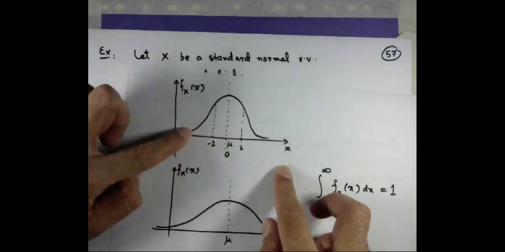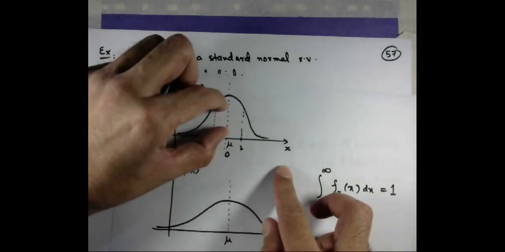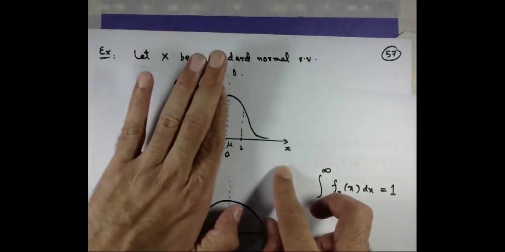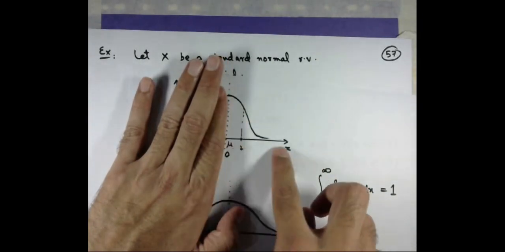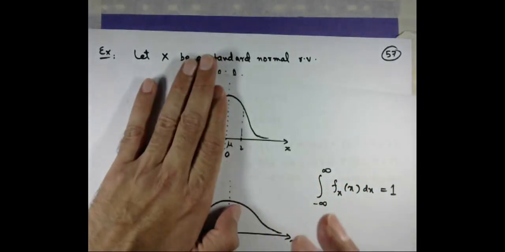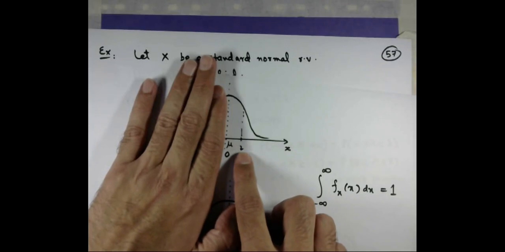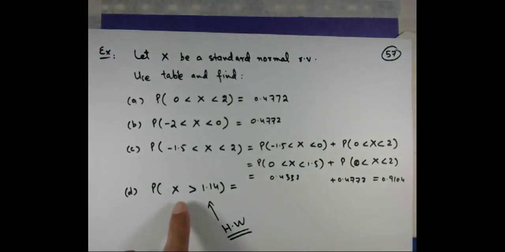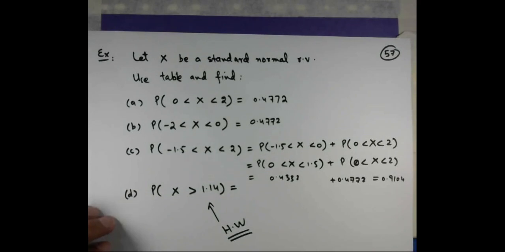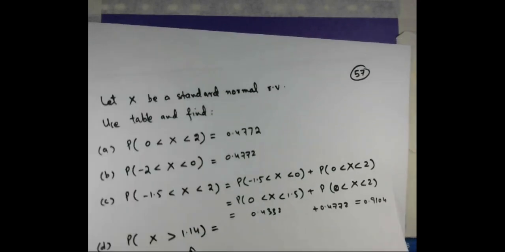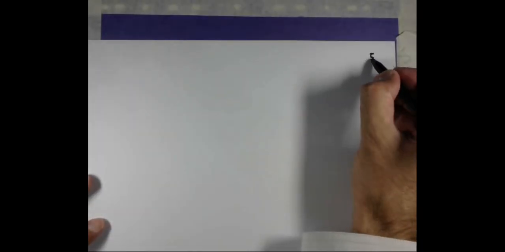You have to utilize this part of the probability distribution, which is 0.5, automatically known. From this 0.5 total probability, you have to use your brain and today's lecture to find the probability that x is greater than 1.14. So this is a homework. You must solve this to strengthen your concepts about Gaussian distribution.